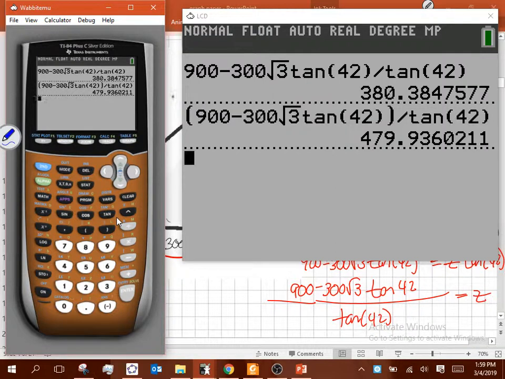Okay? There are other approaches to this question, but regardless of the approach, you're going to get 479.936. Yes? Isn't it like so much more confusing than that? I took the same way.